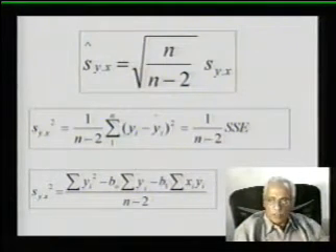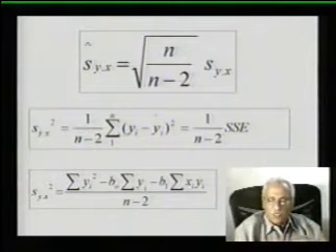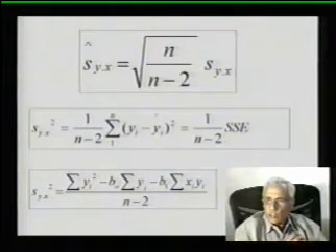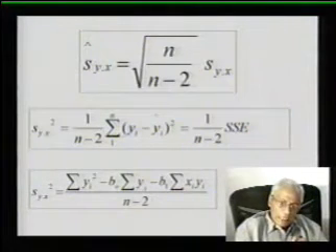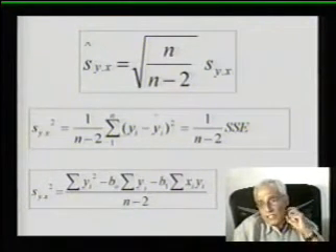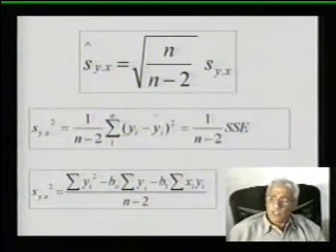That is to partition the y variable, the dependent variable, into the different sources of variation that may be affecting the y variable. So this is the definition of our standard error, or the square of the standard error.